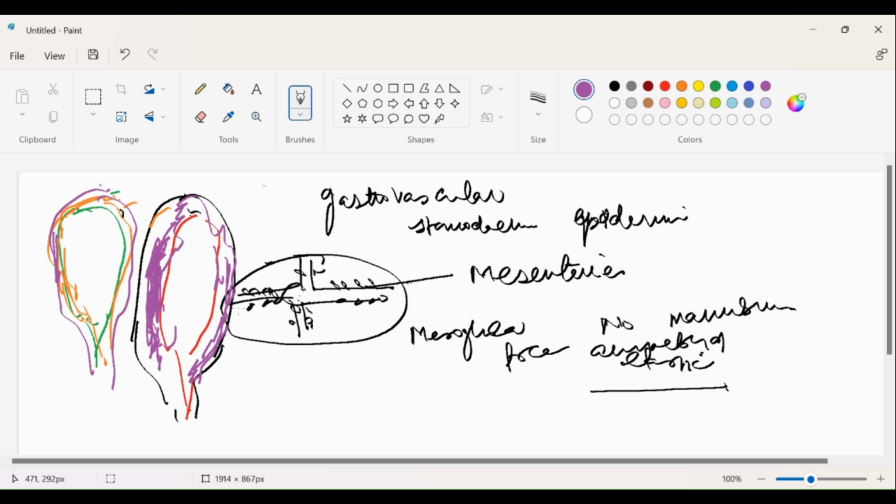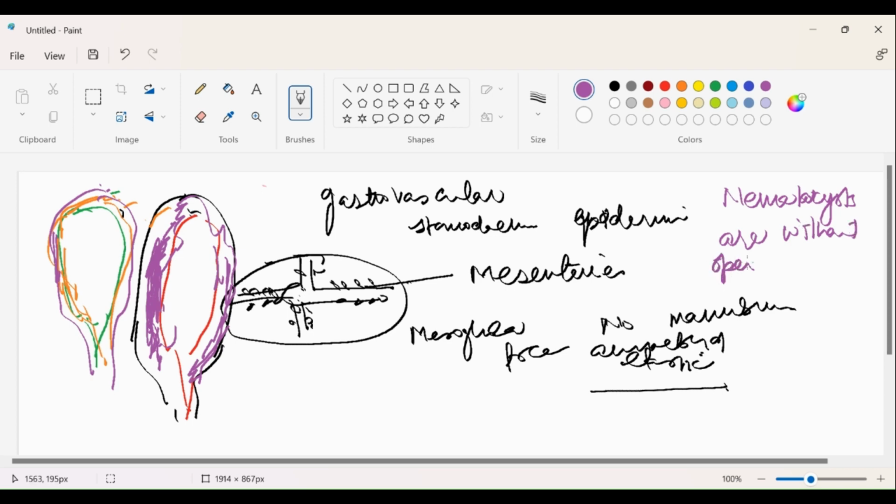Then there are certain more differences. Some cnidoblasts occur in the gastrodermis like that of Scyphozoa, and another important feature is that nematocysts are without operculum.